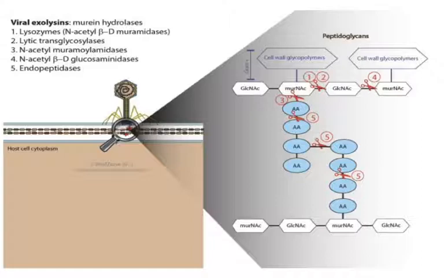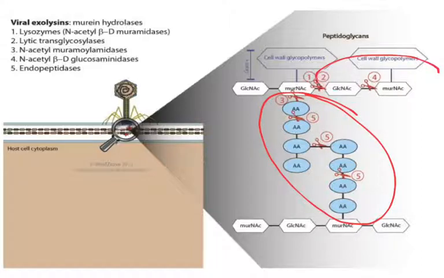Basically the key feature is they are either cutting the peptides of the peptidoglycan, or they're cutting the glycan strands, which hold together these really long parts of the cell wall.